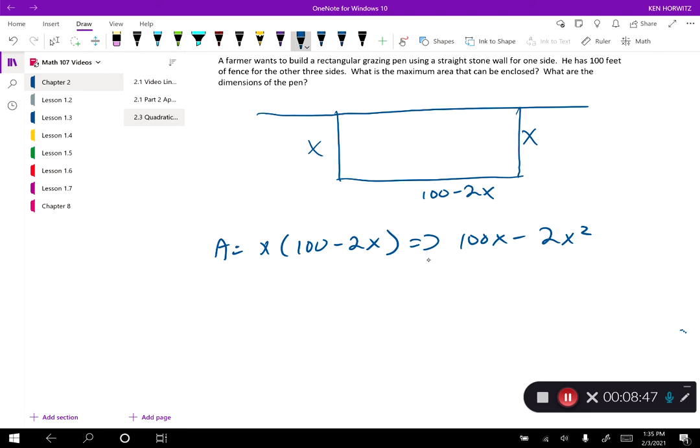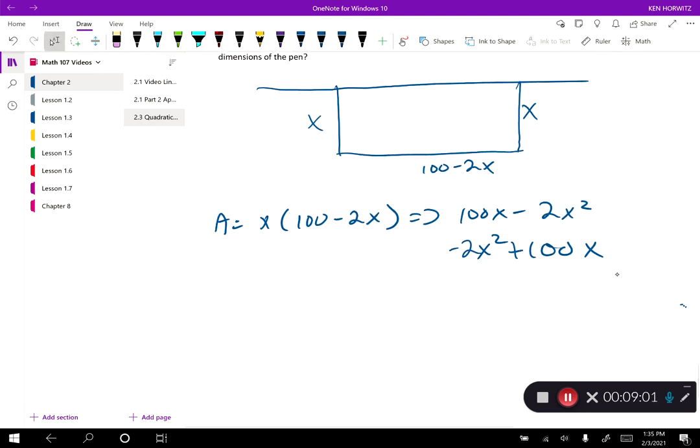You could easily reverse this to say negative 2x squared plus 100x, and it would look more aesthetically pleasing. So this is not only a quadratic equation, but we know that this is a parabola that opens down. All right, and if it opens down, the highest point on this particular parabola is going to be the vertex.